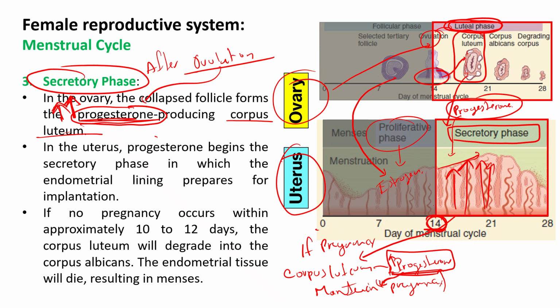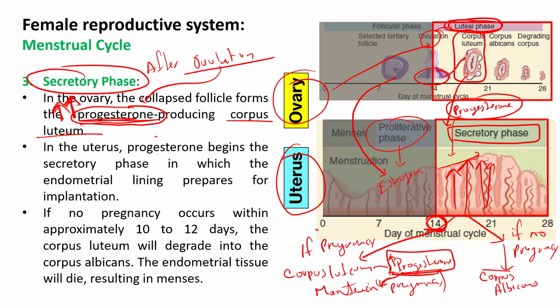The other possibility is that if there's no pregnancy, the corpus luteum will start to degrade and will become the corpus albicans.